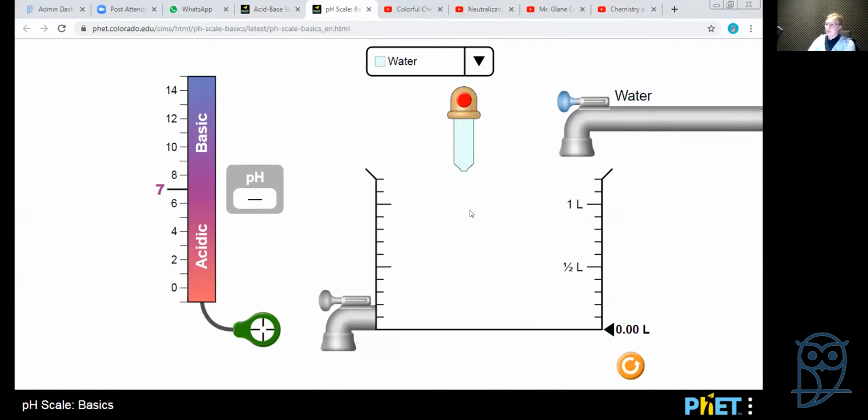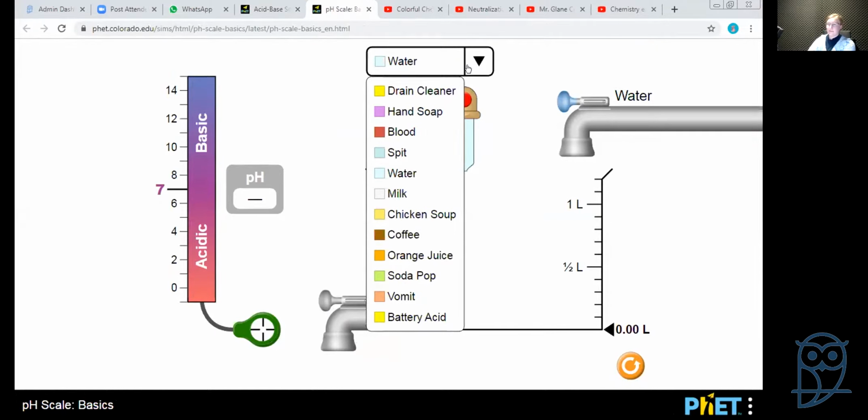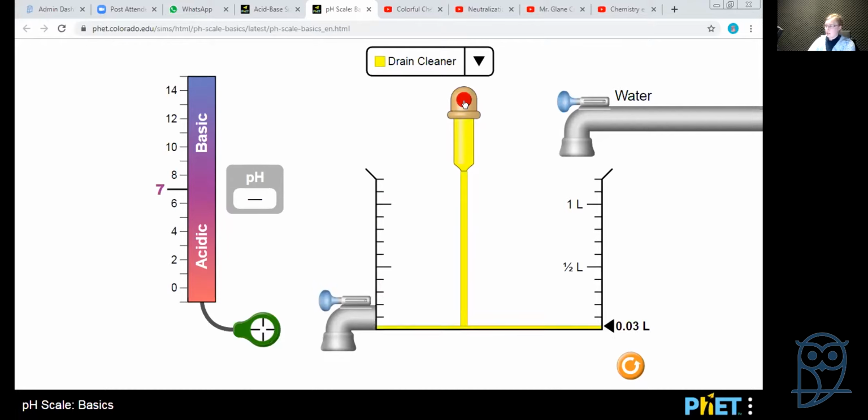So this is to do with acid solutions. Now we're not working with pure acids, we're working with solutions, which is essentially how we use acids every day. Acids and bases we tend to use in solutions. So let's add some drain cleaner. Let's add about that much, and then we can add some water.